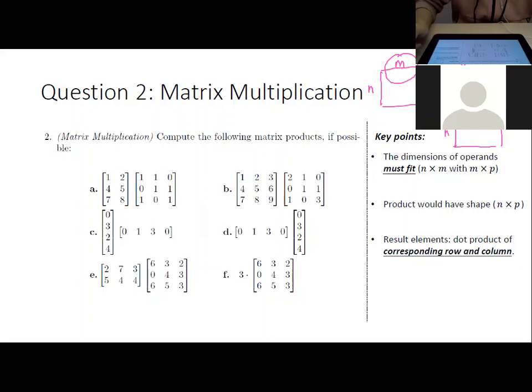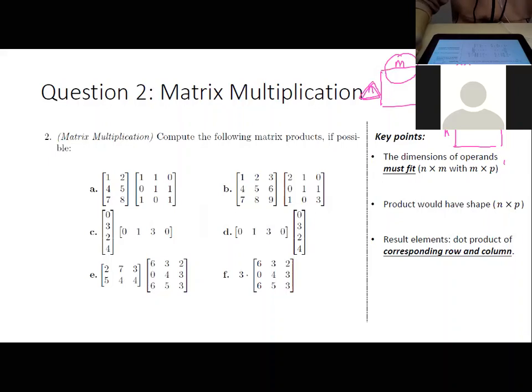We can find that the number of rows of the final result is the same as the number of rows of the first matrix. The number of columns of the final result is the same as the number of columns of the second matrix.